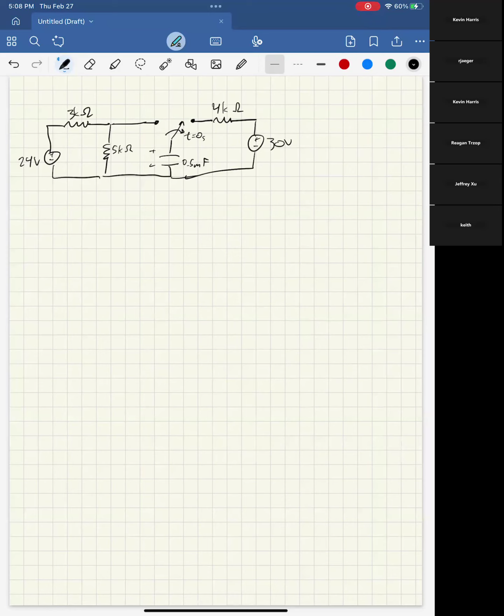Okay. So in this question, we have a switch, two voltage sources, and the capacitor.